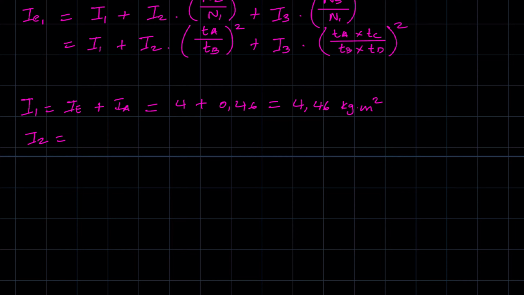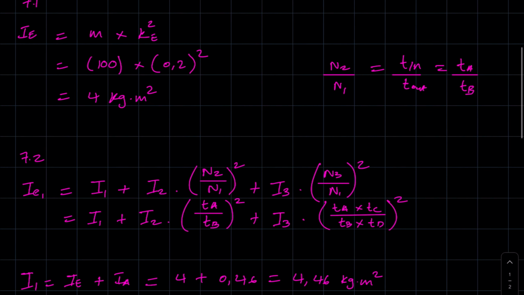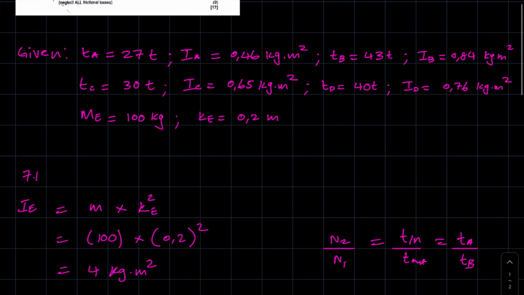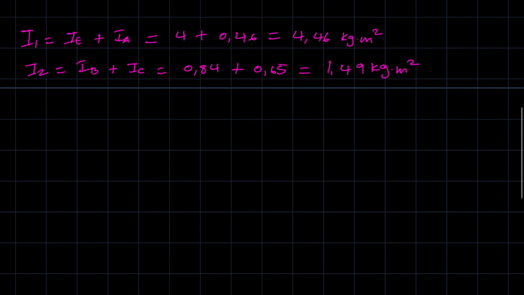The rotating bodies on the intermediate shaft are gears B and C, so this would be IB plus IC, which is 0.84 plus 0.65. If you add that in your calculators, you would get 1.49 kilogram meter squared.